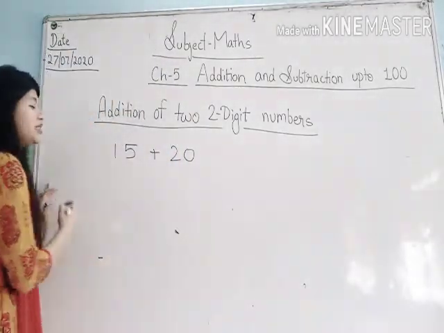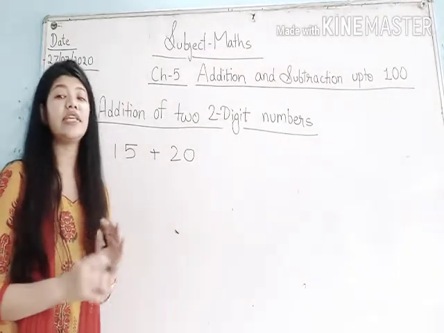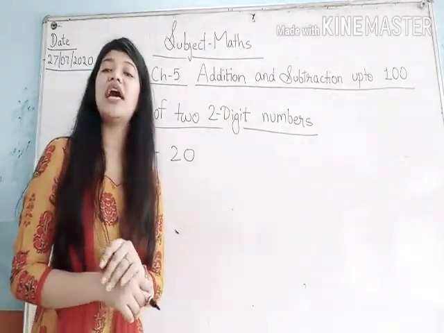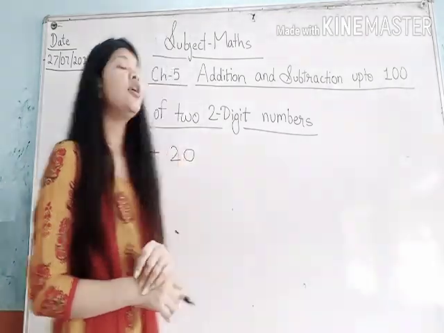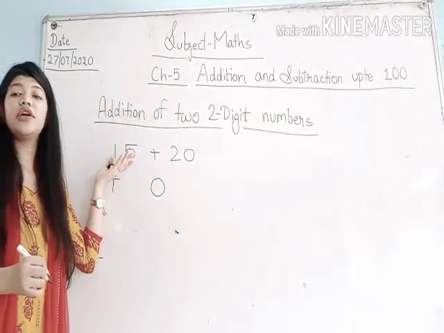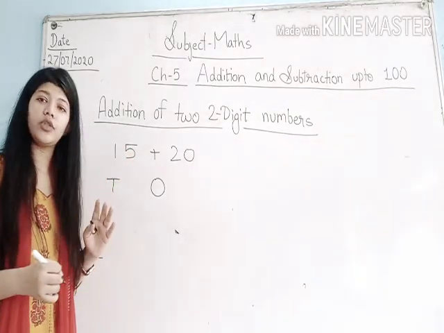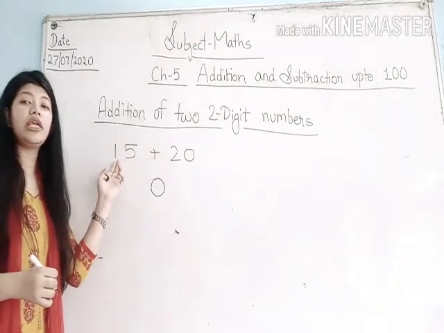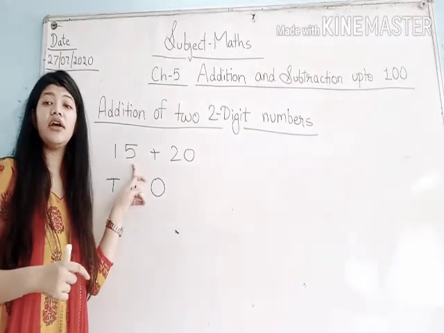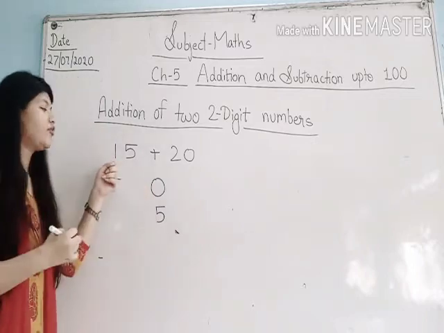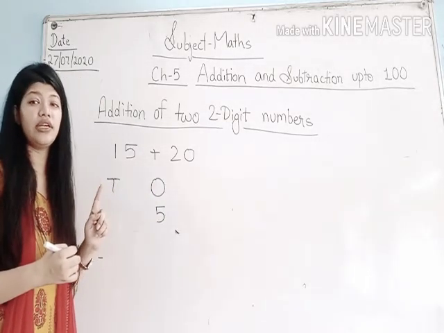So what is the first step? The first step is to arrange the numbers under the column of ones and tens. So let's come to the first number, number 15. In number 15, 5 will be placed at the ones place, and 1 will be placed at the tens place.